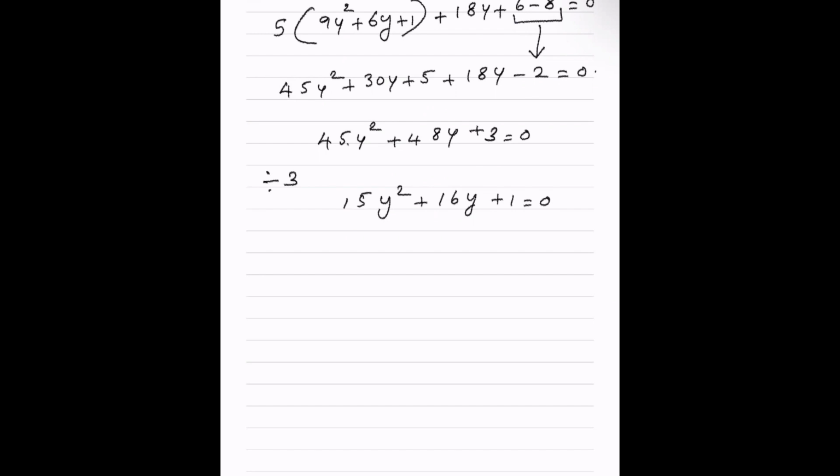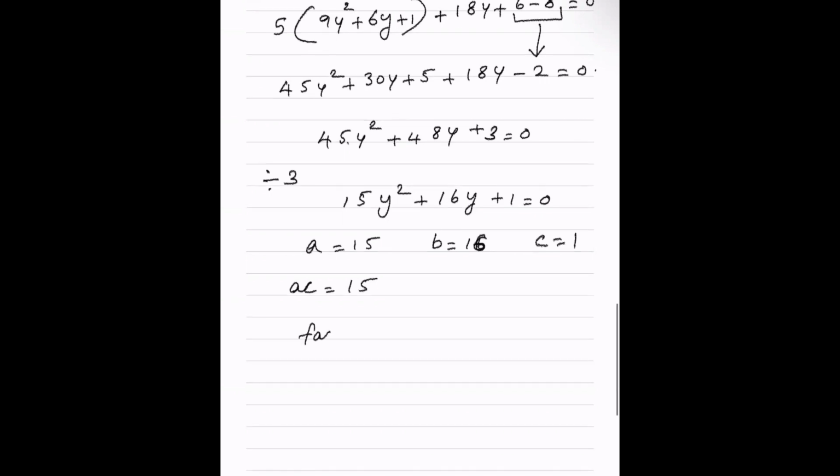Now we have to do the middle term splitting. So here again, let us take AC. We know A is 15, B is 16, and C is 1. So AC is 15. Think of the factor pairs of AC.